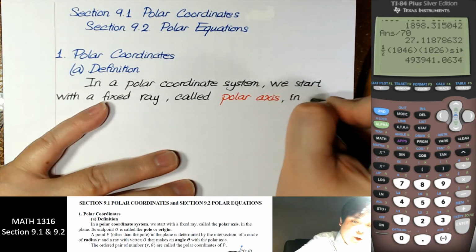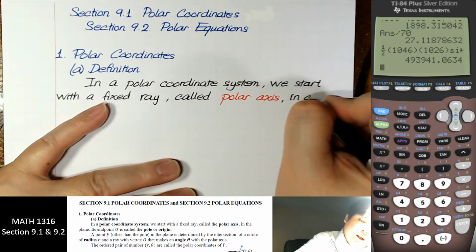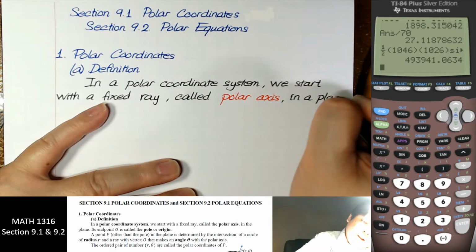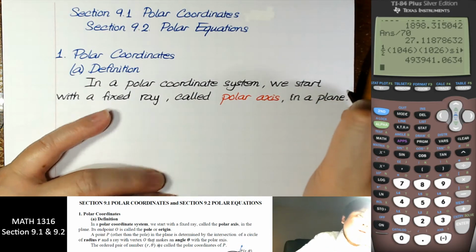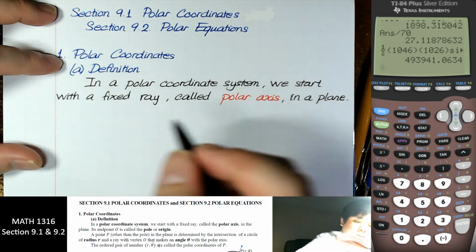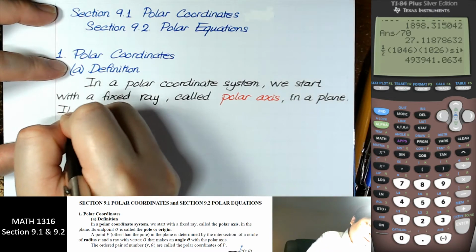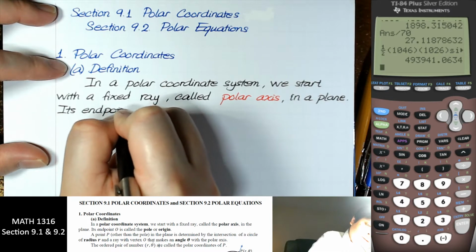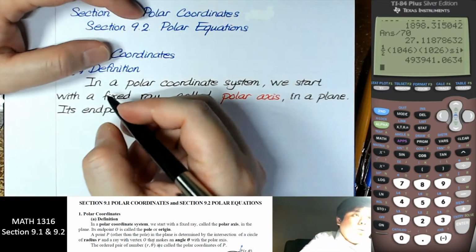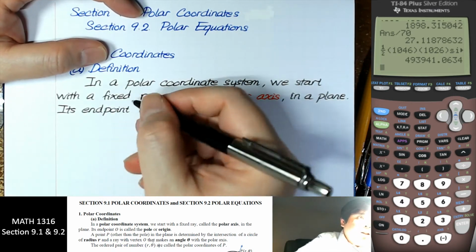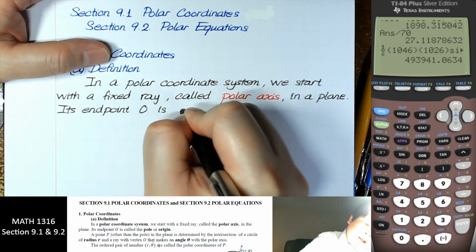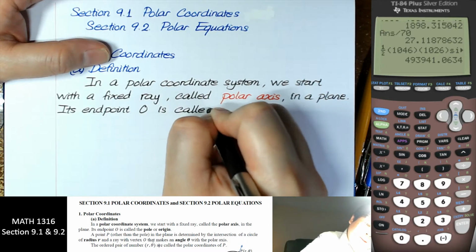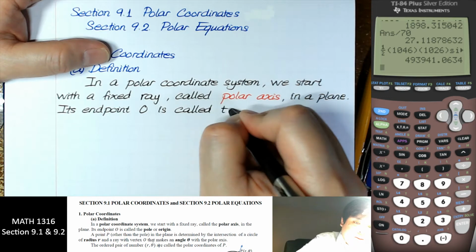And that is in two-dimensional space, or in a plane. And the endpoint O is called the pole.